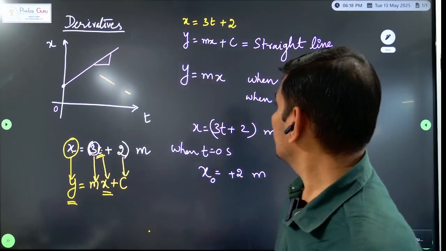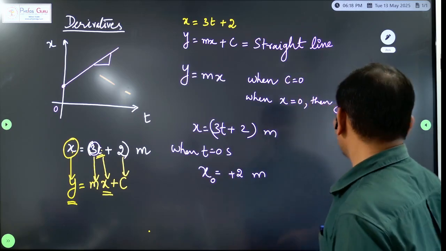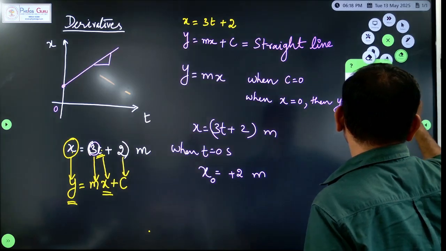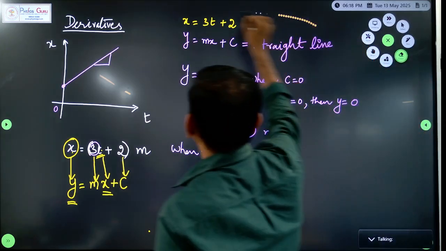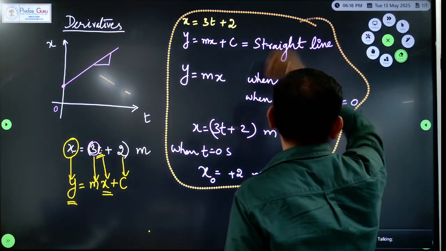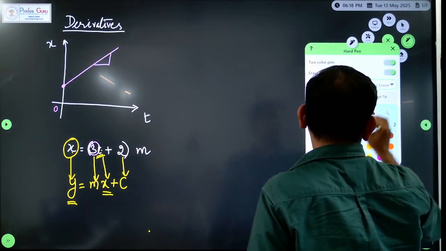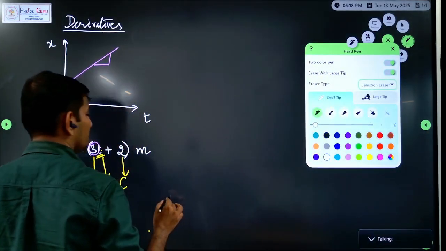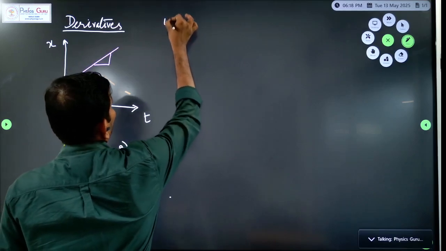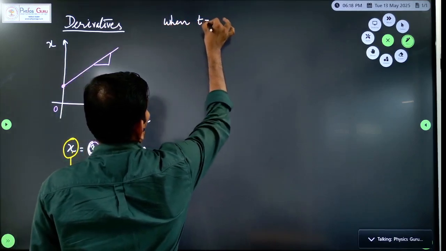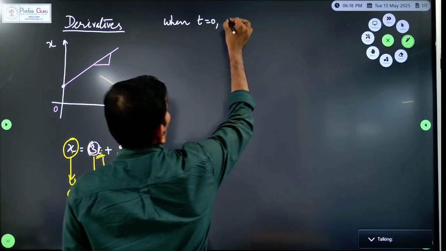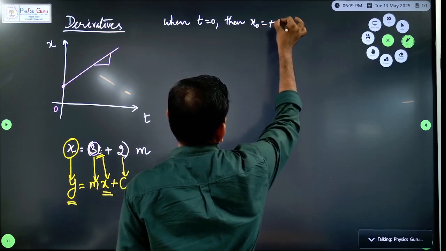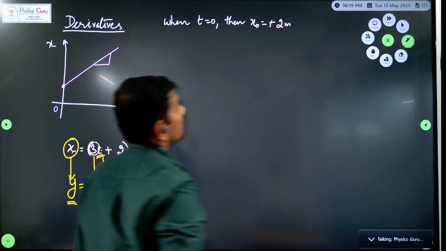How, sir? Can we try? See this? When time is equal to 0, then x naught was equal to plus 2 meter.